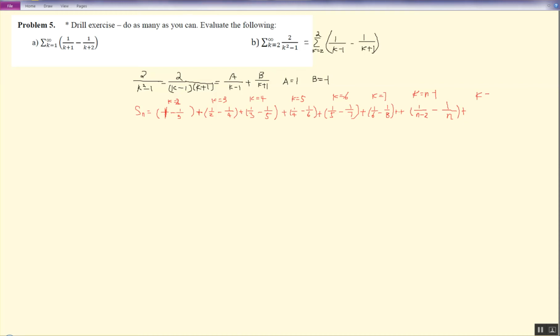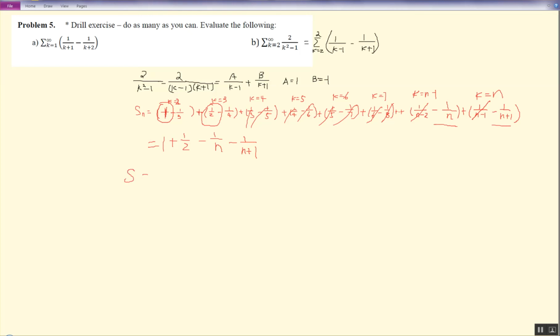And when k is n, you should have 1 over n minus 1 minus 1 over n plus 1. As we mentioned, these two terms stay. All the other terms will be cancelled out. And of course, 1/2 will stay and 1 will stay. So at the end, you have 1 plus 1/2 minus 1 over n minus 1 over n plus 1.